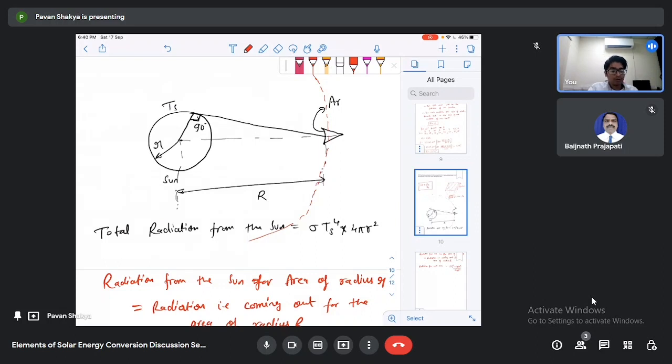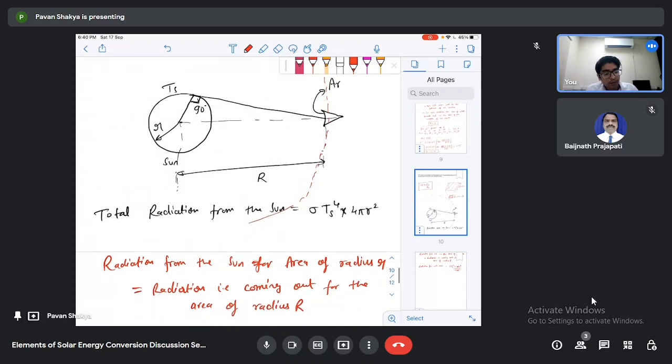Okay, so we know that our aperture is located at this location capital R. So we know the radiation intensity per unit area.